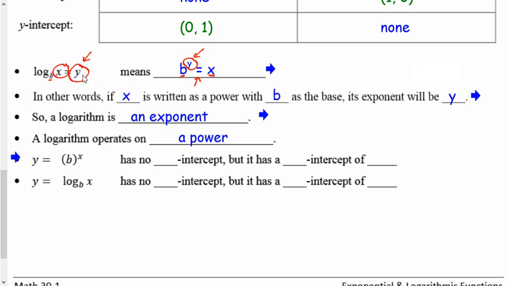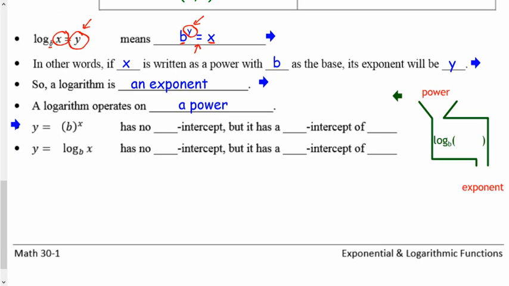Or we could think of this in terms of a function machine. Let's try that. So here you can see on the right, I have a function machine, and my function is a logarithm base b. What it takes as input, any element in the domain, is going to be a power. What it gives as output is the exponent. So it's going to take some number and imagine it's a power where b is the base.